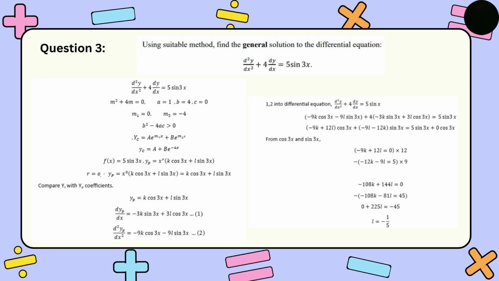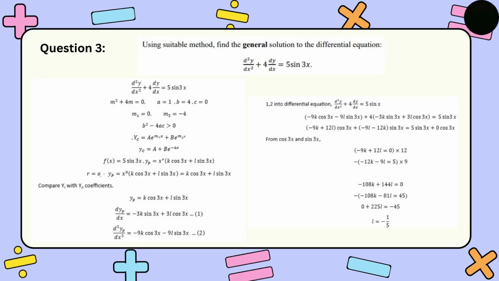Here I will present question number 3, which is using a suitable method, find the general solution to the differential equation d squared y over dx squared plus 4 dy dx equals 5 sin 3x. And then we substitute dy dx with m, which we got m squared plus 4m equals 0, with a equal to 1, b equal to 4, c equal to 0. And then we factorize the quadratic equation and we got m1 equal to 0, m2 equal to negative 4.